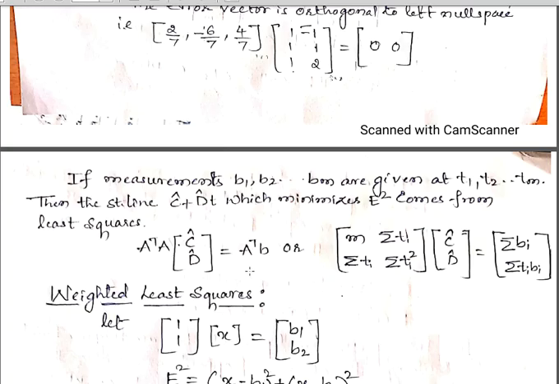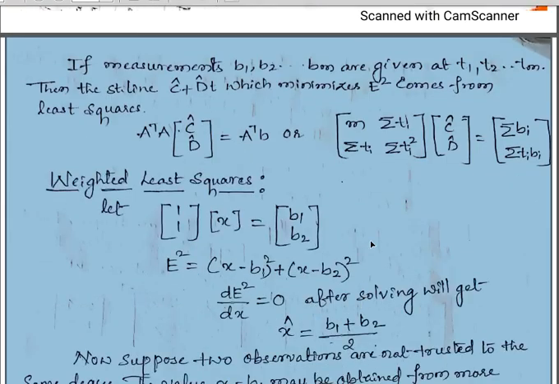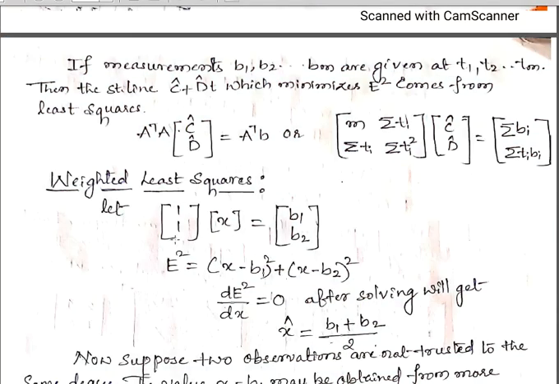The next point is weighted least squares. In least squares we gave the same weightage to both of them. Now for example, if two values are there, this will give us x is equal to b1 and x is equal to b2. So e square is equal to x minus b1 squared plus x minus b2 squared.